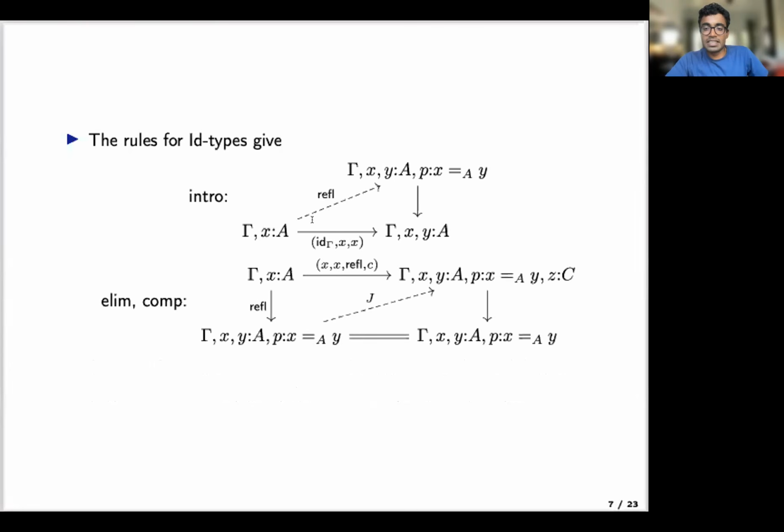So by that, I mean the solid part of this diagram are the hypotheses of the introduction rule, and the dashed part of the diagram is the conclusion, right? So given the identity type, there is a reflexivity proof that is essentially just a section over this diagonal morphism, right?